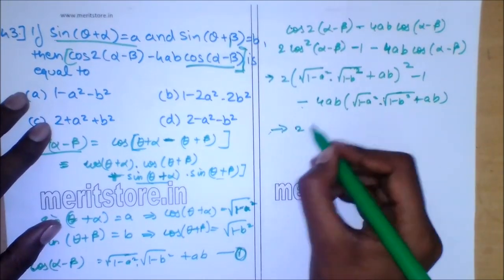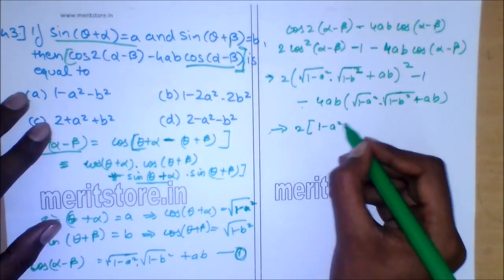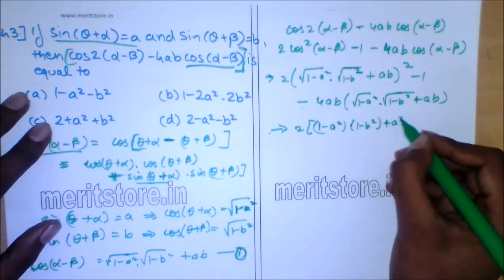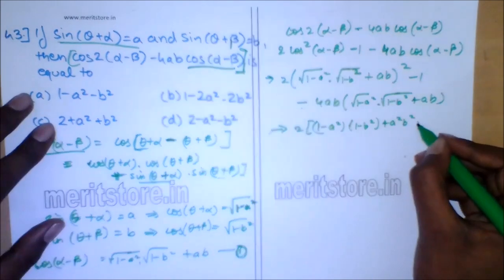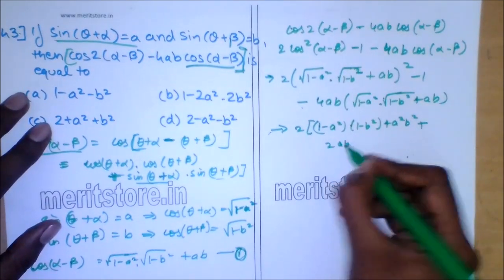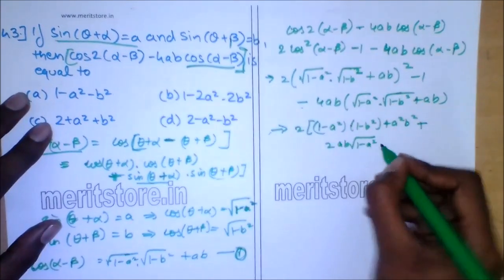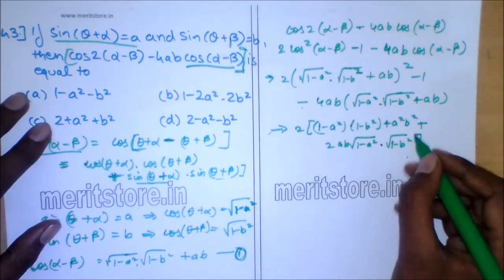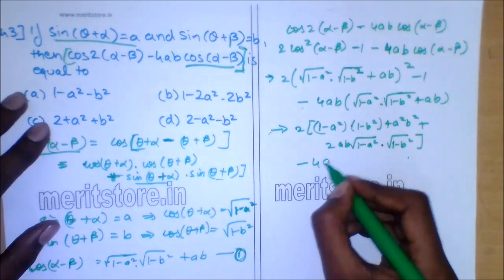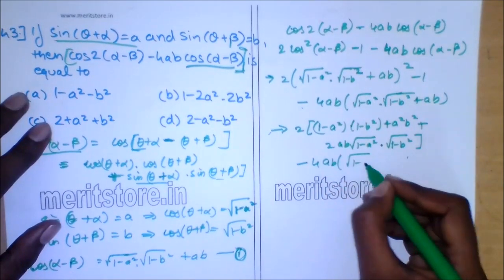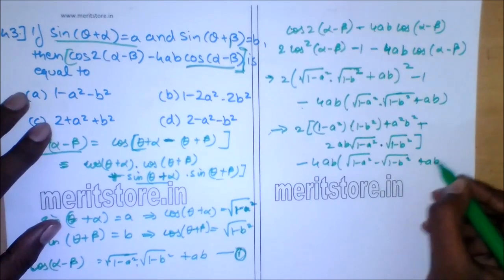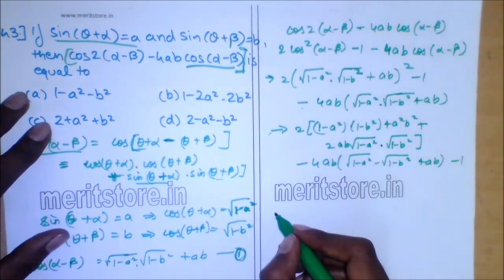Simplifying it, we get 2 times 1 minus a square 1 minus b square plus a square b square plus 2ab into root of 1 minus a square into root of 1 minus b square minus 4ab into root of 1 minus a square into root of 1 minus b square plus ab minus 1.